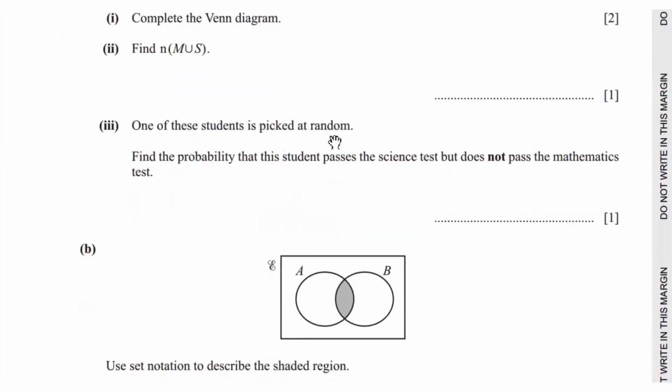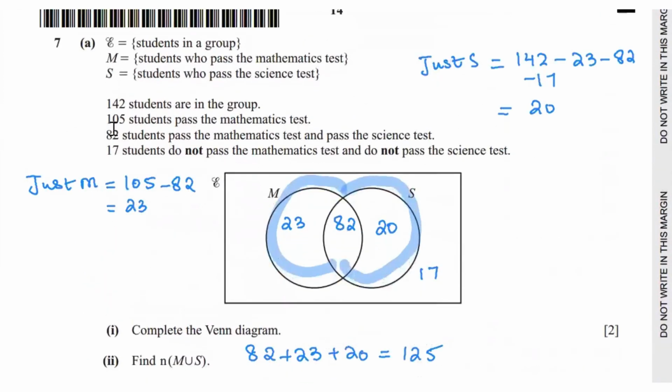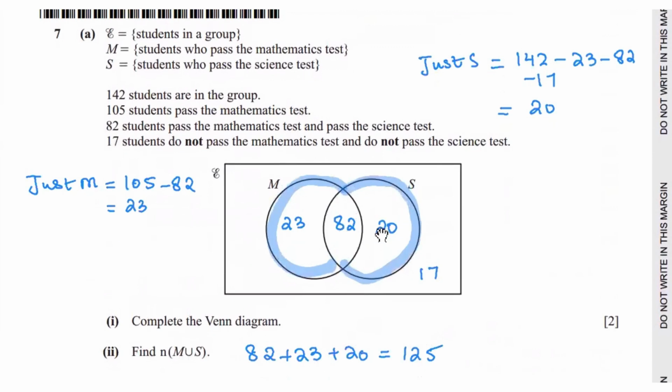One of these students is picked at random. Find the probability that a student passes the science test but does not pass the mathematics test. So if he's passing just the science test, that's 20 people who only pass just the science test. So out of 142.